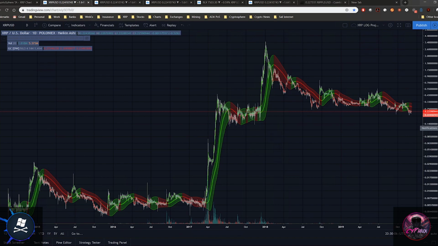Right now I have the Gaussian channel in front of me, and we are on the daily chart here. I just want to show you guys the trend here, just using the Gaussian channel. I'm not going to be using it in the way that it's intended to be used as an indicator, but from a trend perspective, you're going to see where we are in this particular cycle.